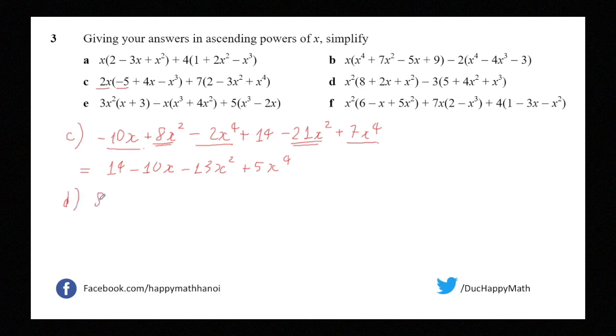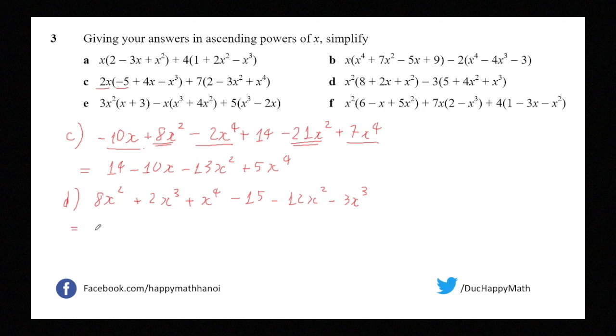The first one is 8x squared plus 2x cubed plus x⁴ minus 15 minus 12x squared and minus 3x cubed. Okay, look at question D and look at my answer.